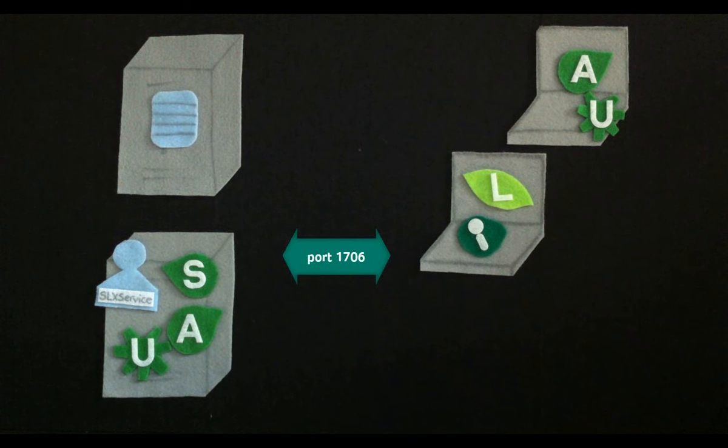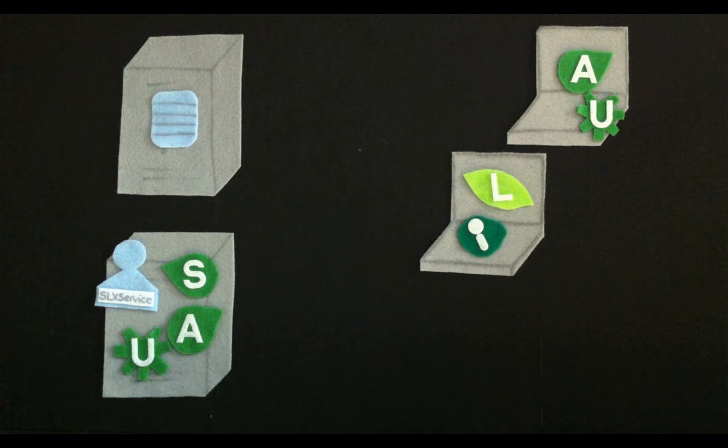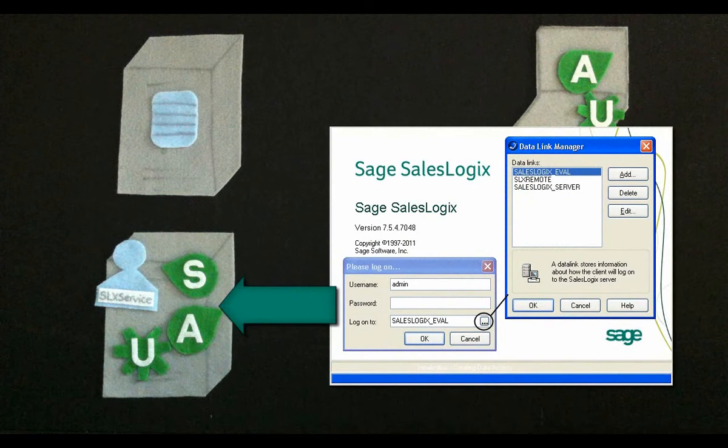Well, port 1706 must be open on the SalesLogix server's firewall. In fact, it would probably be open both ways. Open the port on both the client, which means the administrator or the developer or the salesperson, and the servers. And we can see this through the data link manager. So a data link stores information about how a client will log on to the SalesLogix server.